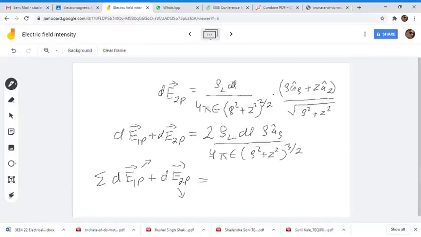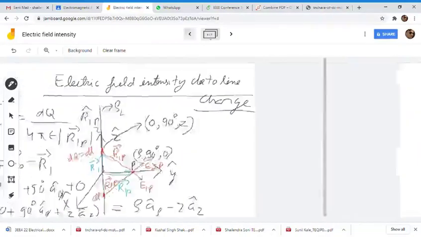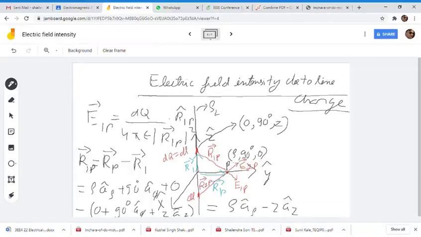Okay, so now if we need to integrate this thing from minus infinity to infinity, just see here. Because this line is symmetrical to the xy plane, we can integrate from 0 to infinity and make it twice.